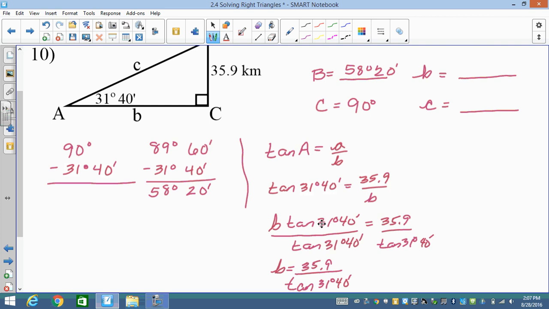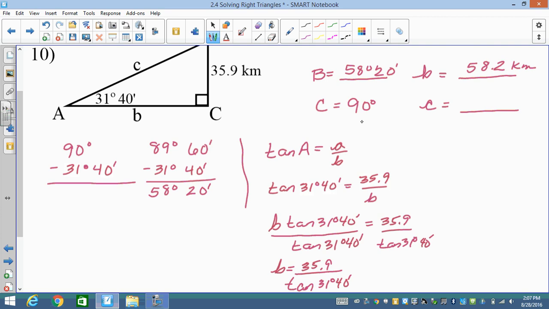Okay, we throw this baby into the calculator, and for little b, we are going to get 58.2 kilometers. Just double checking my answer.